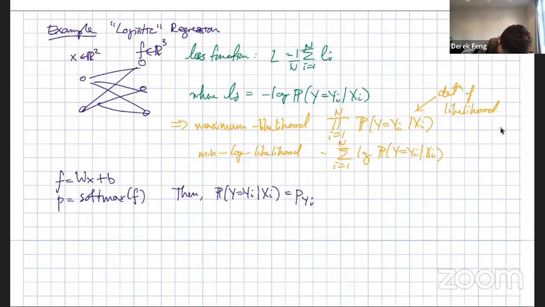Let's be a little clearer: the probability of y equals k given xi is really pk. That's the way we've defined this. P is a vector in R3 that corresponds to the assignment of the probabilities that we attach to that particular class. Therefore, p of y equals yi is really just p of yi.